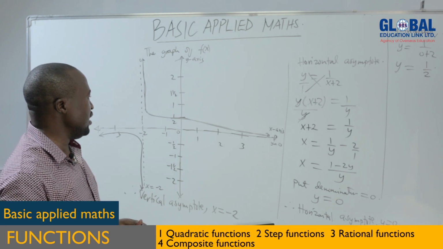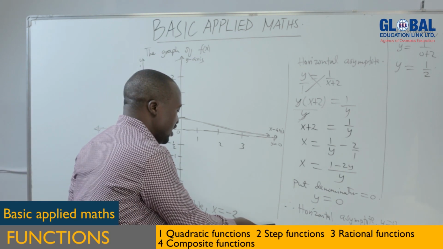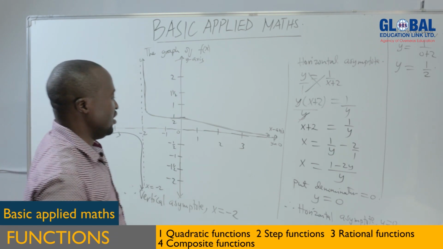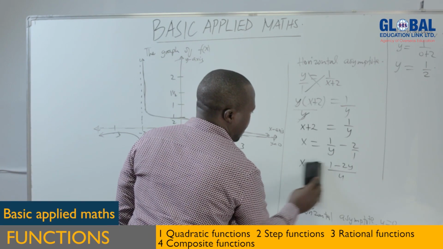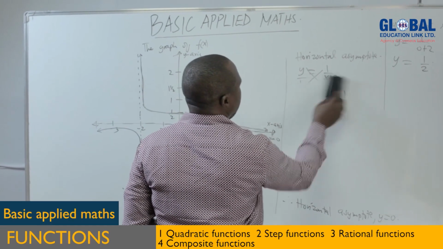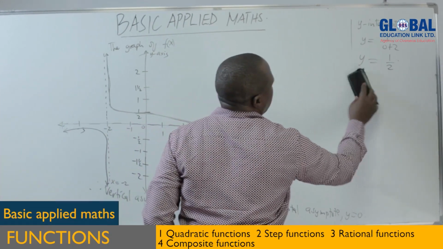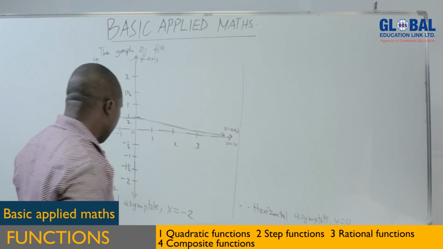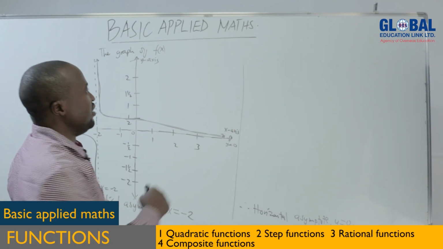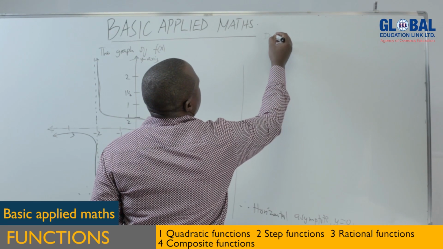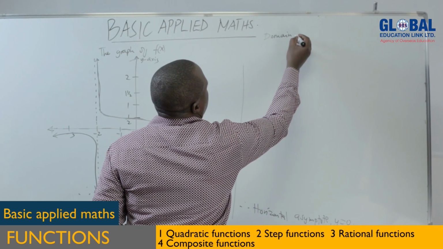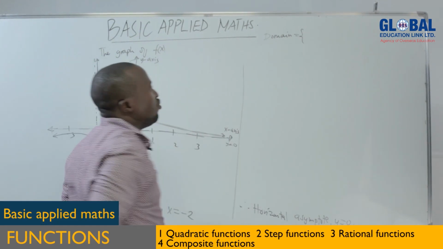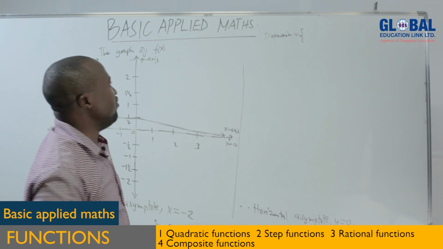But again, in our question, they said find the domain and the range. Let us see how to find the domain and the range. So starting with the domain. Remember, for the domain, we are talking about the x values.